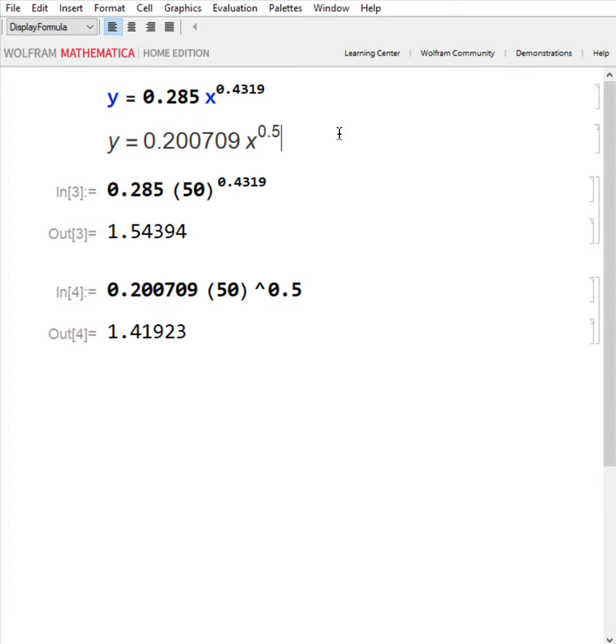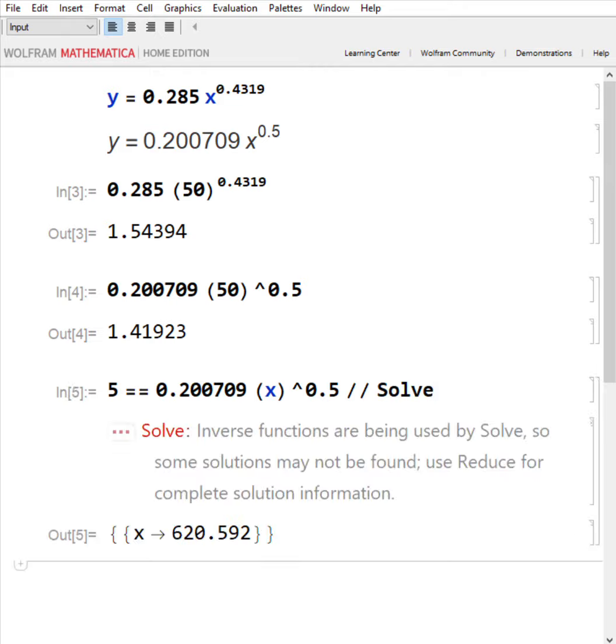Mathematica can do that very easily, and I'll start with the theoretical model. I'll copy that, say this is equal to 5, replace 50 with x, and tell Mathematica to solve.